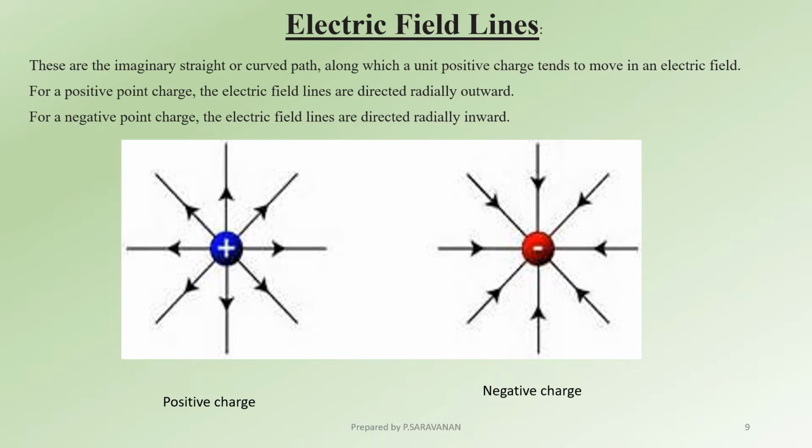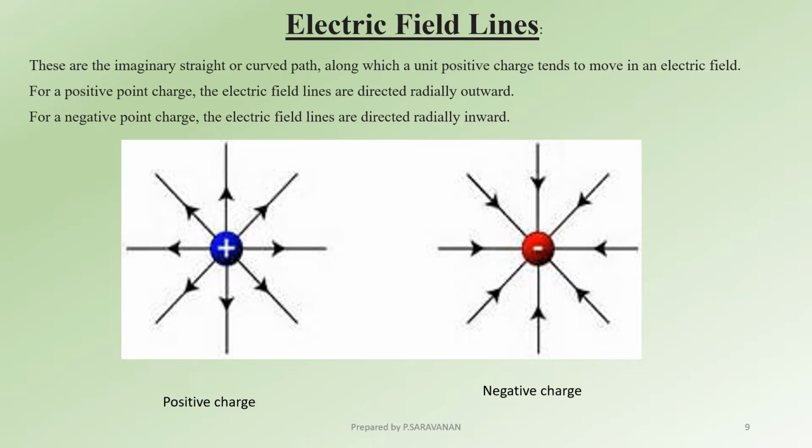Good, it will be attracted towards the negative charge. So, the positive test charge of +1 coulomb will be moving along a straight line radially inwards towards the given negative charge.